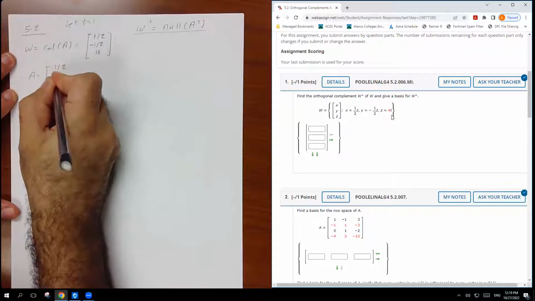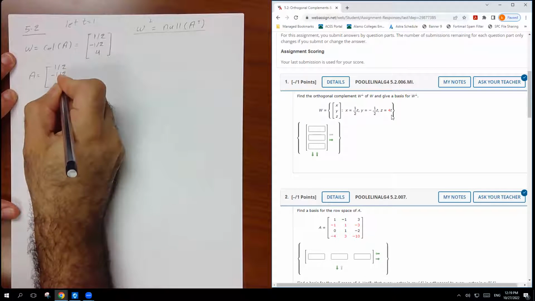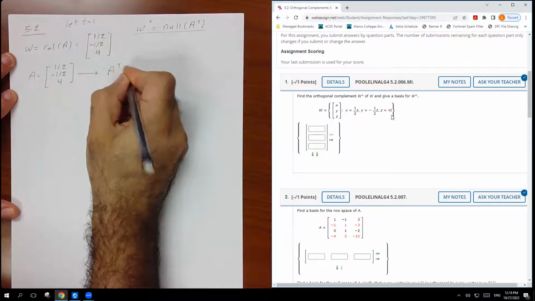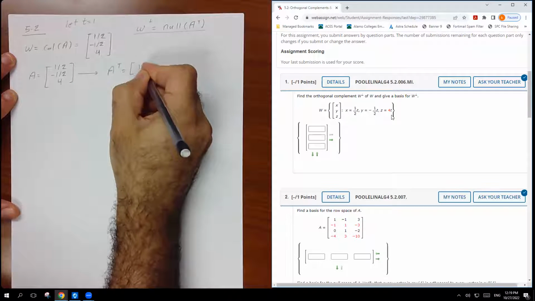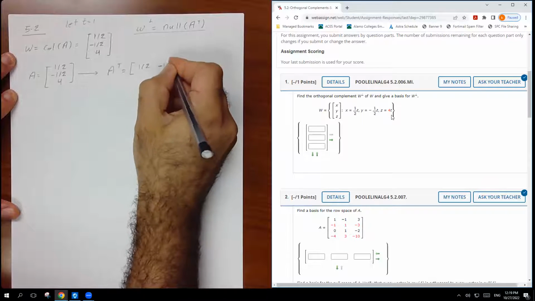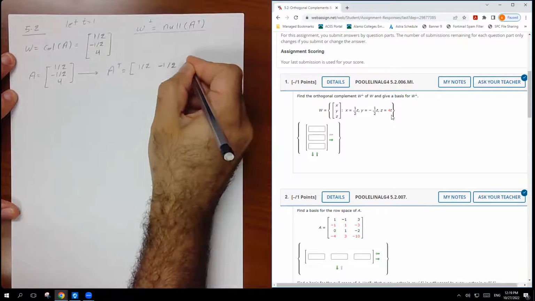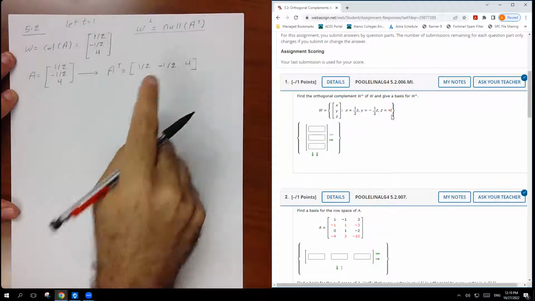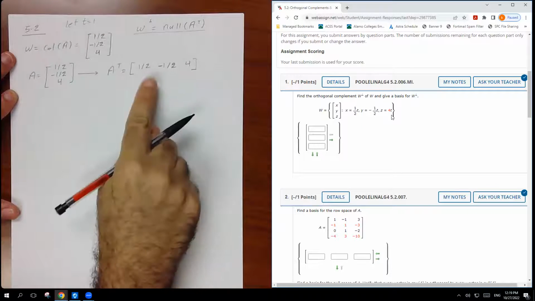1/2, -1/2, and 4. That means A transpose is going to be equal 1/2, -1/2, and 4. This is A transpose. Now we're going to find the null space for this one.